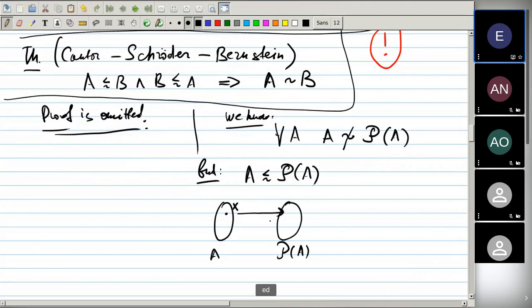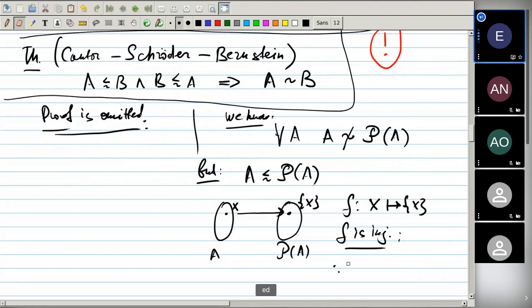We can map each element to its singleton. Yeah, exactly that. You can map every element to its respective singleton. Of course, this is an injection. This function is injective. Why is it so? It's clear. Assume that f of x equals f of y.